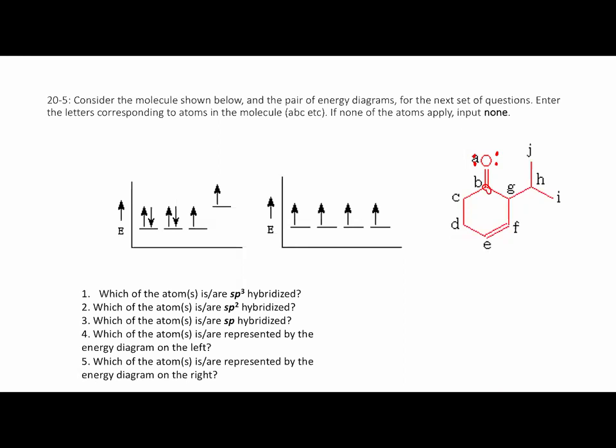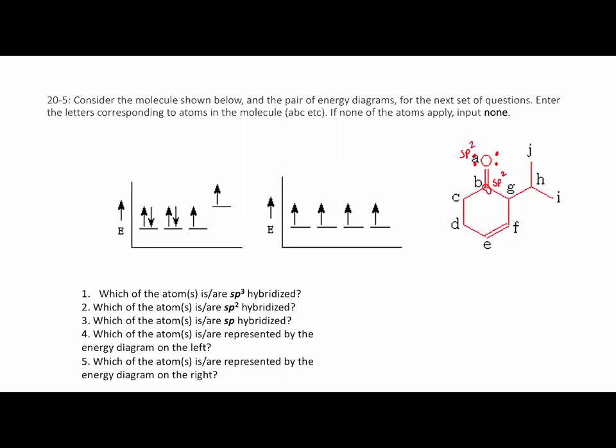And from this, you can see that oxygen and this carbon are sp2 hybridized. They each have 3 sp2 orbitals and 1 p orbital, forming that pi bond. So these are sp2 hybridized.